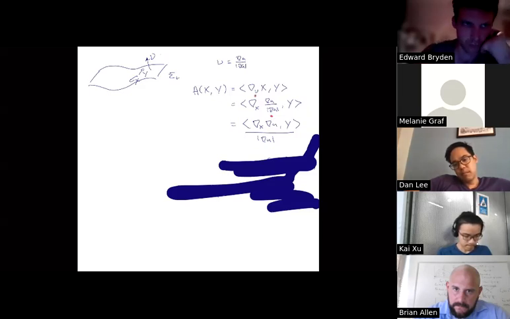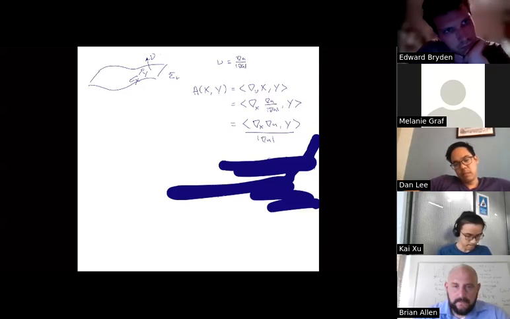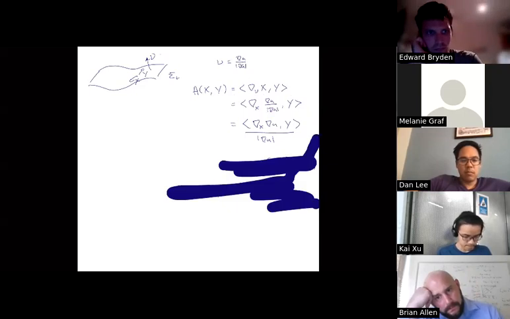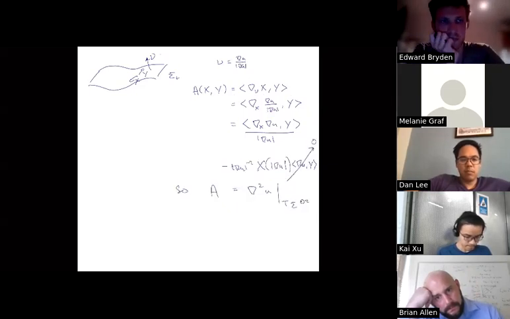Okay, but then nu you can think of as grad u over norm grad u. And then if you do a little swap here and do the product rule, the chain rule here, you get the following two things.